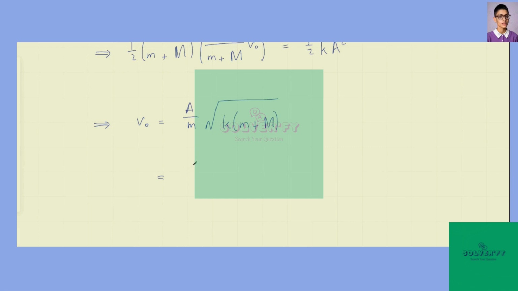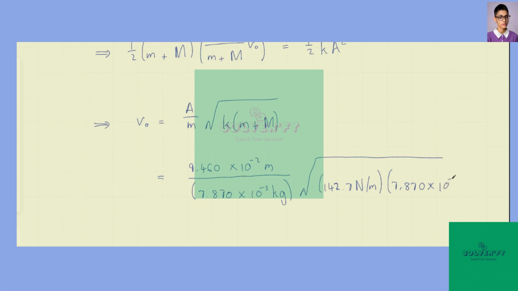So the amplitude of motion is 9.46 centimeters, or 9.46 times 10 to the minus 2 meters, divided by the mass, 7.87, this is the mass of the bullet, times 10 to the minus 3 kg, times the square root of the spring constant 142.7 newtons per meter times the total mass, which is the mass of the bullet, 7.87 times 10 to the minus 3 kg, plus the mass of the block, which is 4.648 kg.